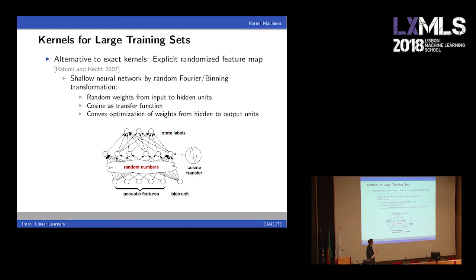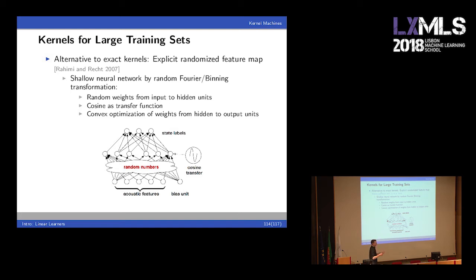And the idea that they had was, instead of using kernels to make linear models nonlinear, let's go to the feature representation and make it explicit by randomization.